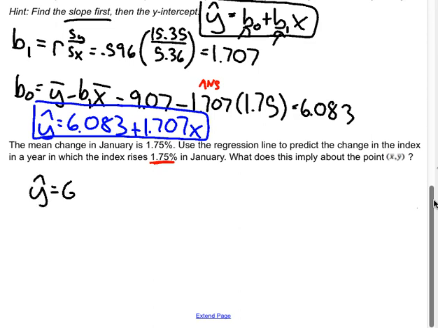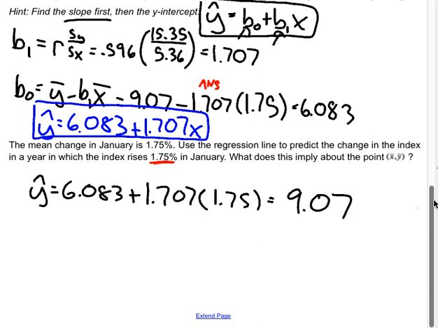Well, let's plug that in: 6.083 plus 1.707 times the 1.75. That's how much the year is predicted to change by.